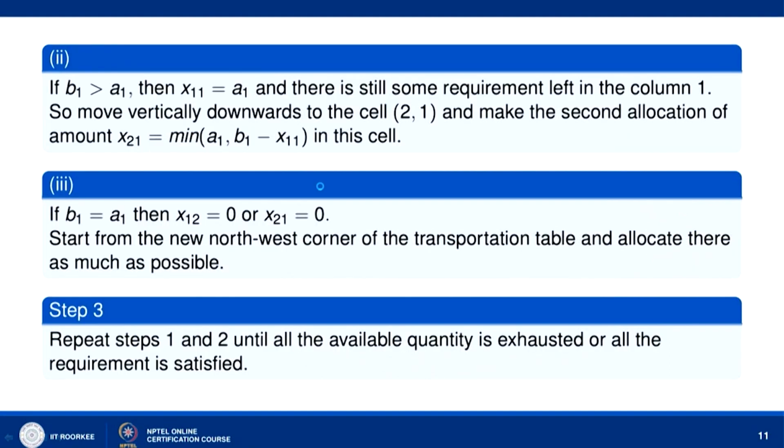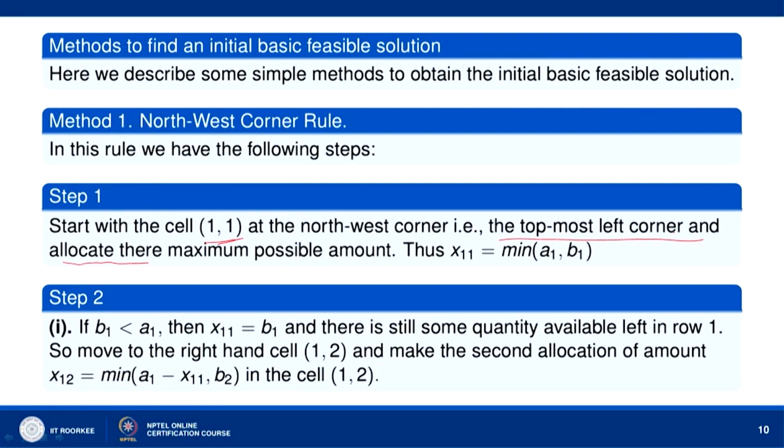Okay. So, what we will do here is allocate the maximum possible amount to the topmost left corner. Now, how much maximum possible amount we can allocate, that we have to see. Xij is the quantity that is to be allocated. So, here what should be the value of x11?